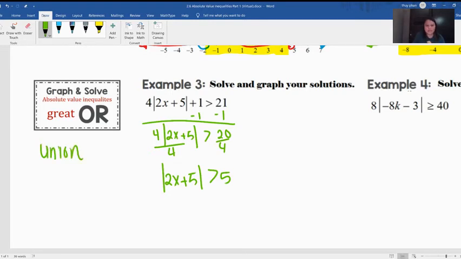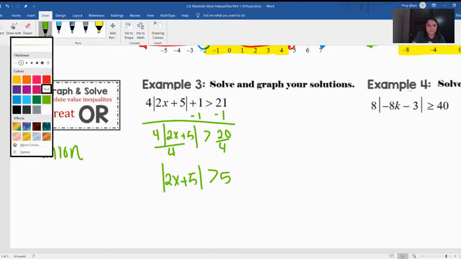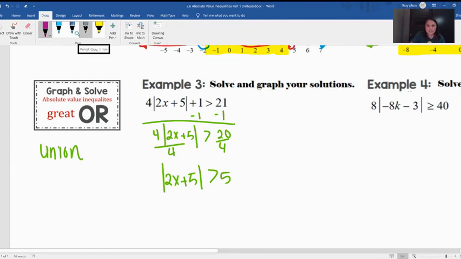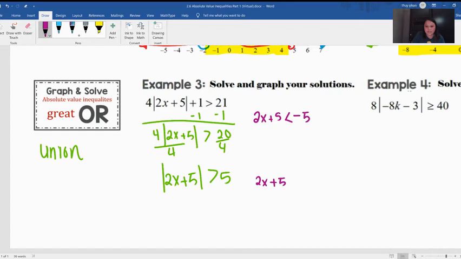Okay. All right. So let's go ahead and set that up. I'm going to change my colors. One is 2x plus 5 is less than negative 5. And the other one is 2x plus 5 is greater than 5. And then we're going to solve for that. Subtract 5.